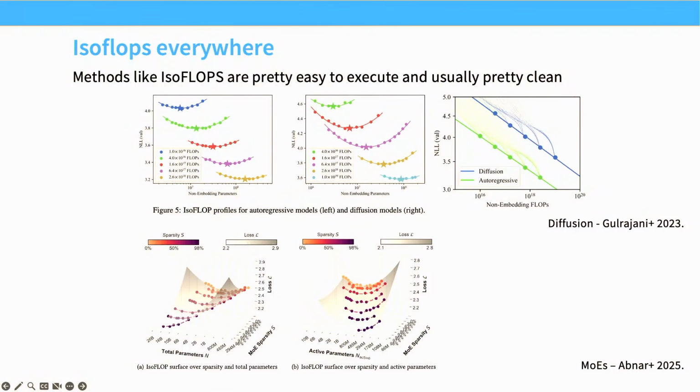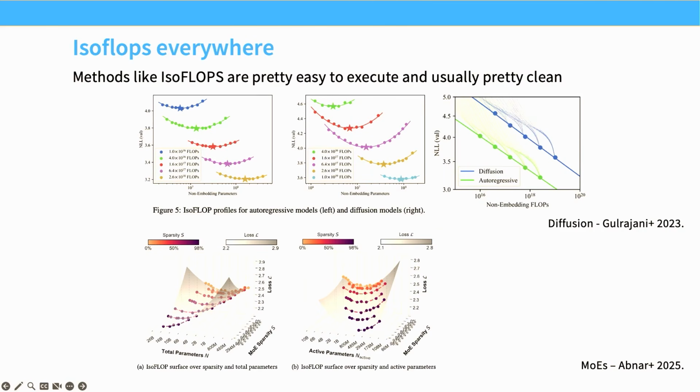Okay. One final thing I'll end with, Chinchilla-wise and otherwise for scaling, is that isoflops have been one of the things that I think as a research tool have endured. Isoflops are very easy to execute, right? You fix a flops budget, and then you sweep over all of the other degrees of freedom to see what the surface looks like.